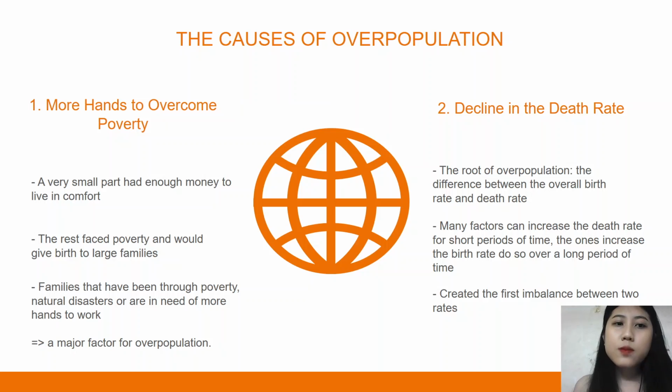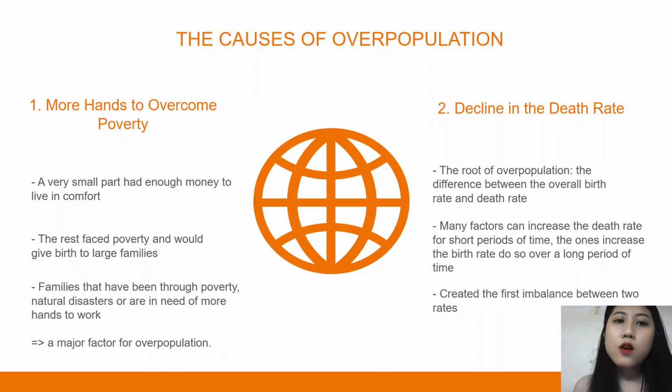At the root of overpopulation is the difference between the overall birth rate and death rate in a population. If the number of children born each year equals the number of adults that die, then the population will stabilize.